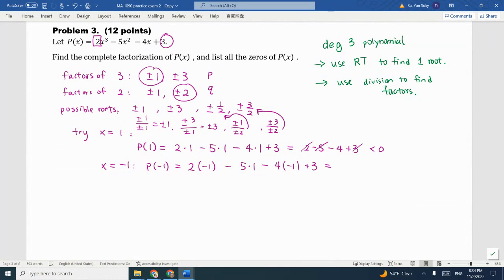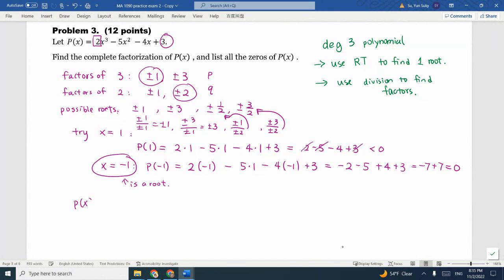So we have negative 2 minus 5, and then this becomes plus 4 and plus 3. Oh, how nice. This is negative 7 plus 7. This is 0. So x equals minus 1 is a root.